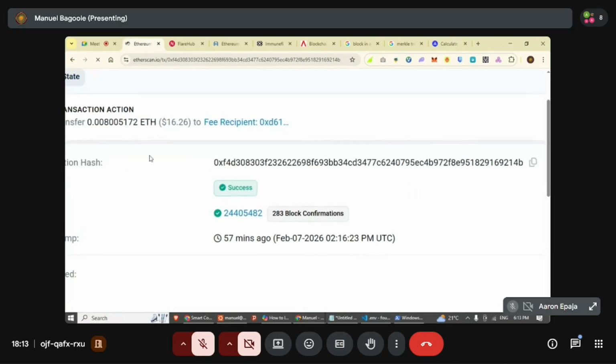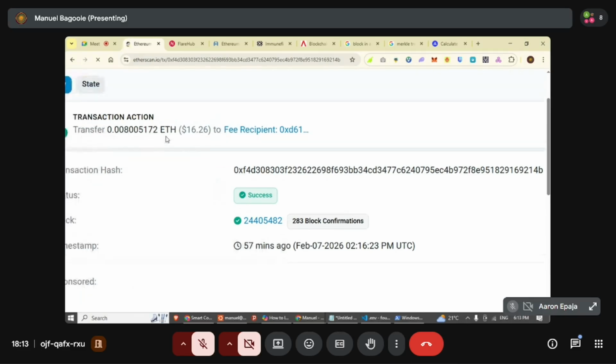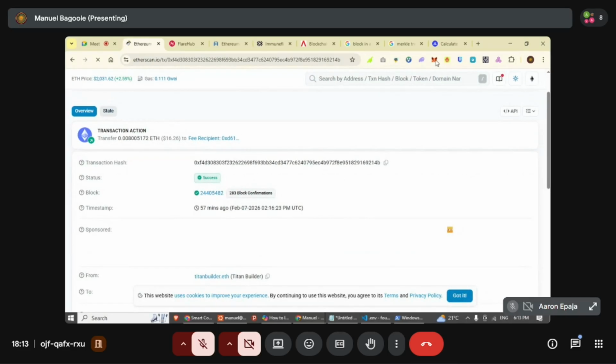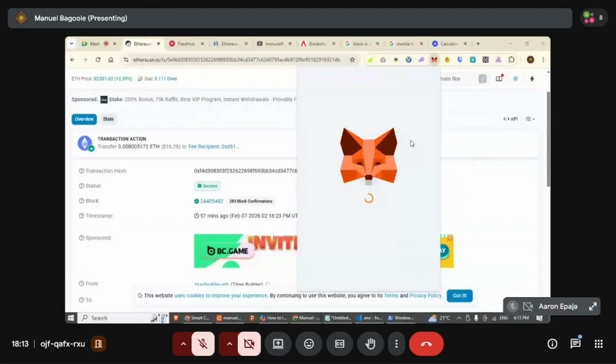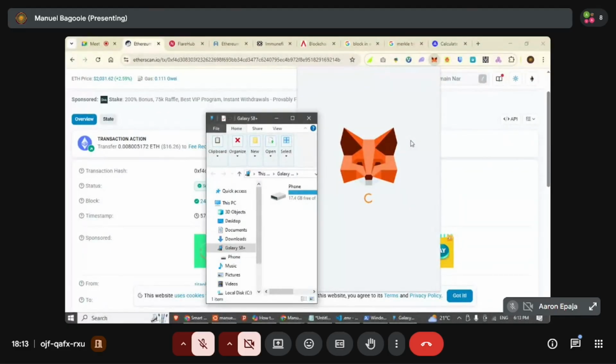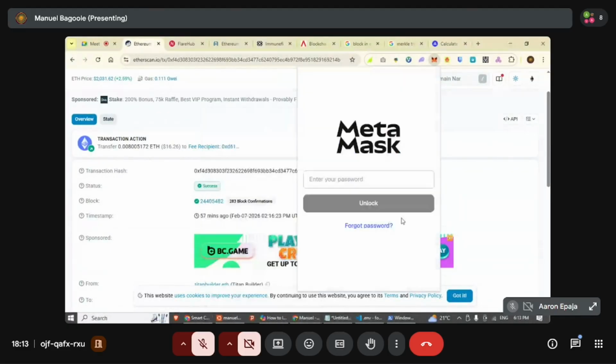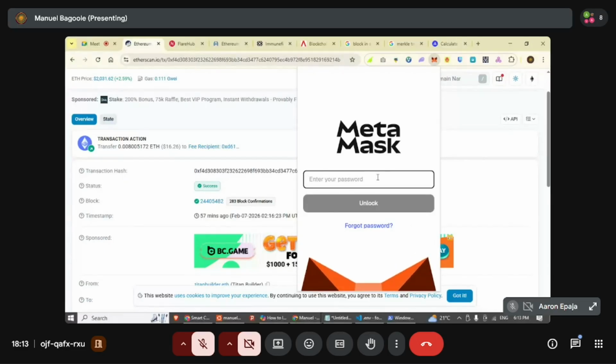Someone was sending 0.08005, or maybe if my MetaMask would allow, I could do a transaction myself, but MetaMask is slightly heavy these days because I think they're making lots and lots of upgrades. But I'm going to do this on Sepolia.